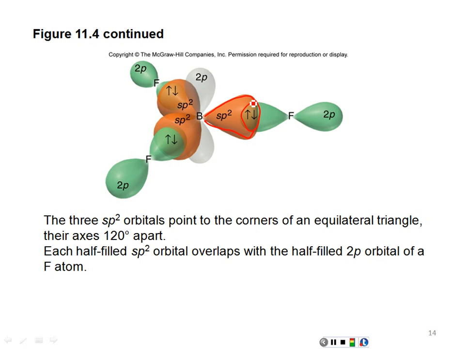The sp2 orbitals form a trigonal planar geometry. There are 3 of them, and VSEPR theory states that they want to repel each other and get as far away from each other as they can, and that would be trigonal planar geometry.